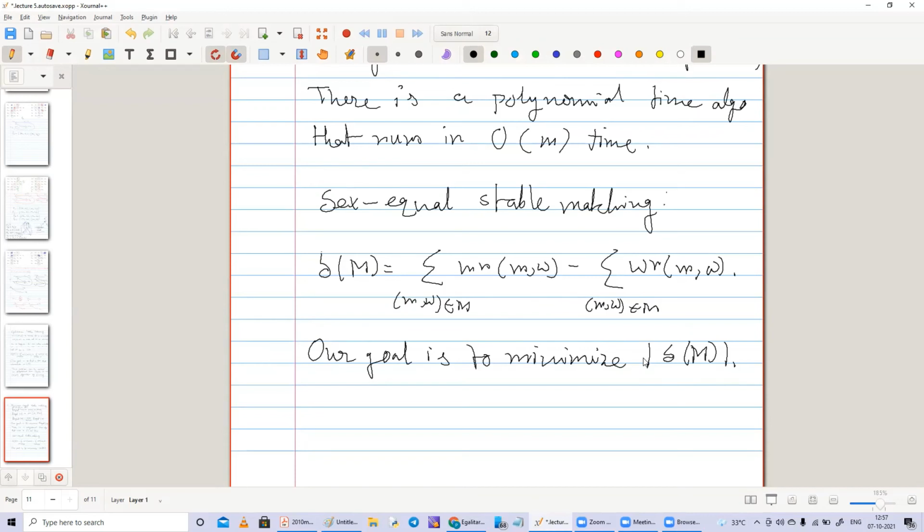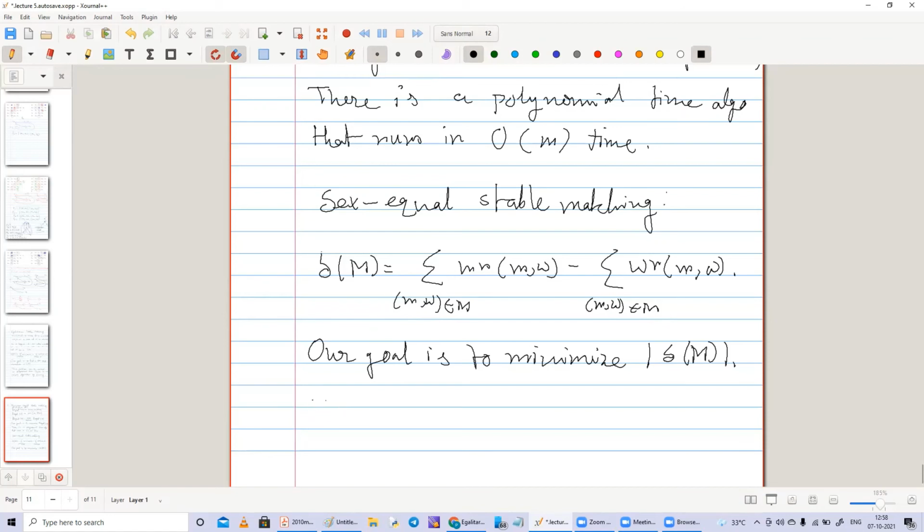In the minimum regret stable matching, you want to minimize the maximum value of MR or WR, and here you want to take the sum of all the MR and the sum of all the WR, subtract the sum of WR from the sum of MR, and minimize that. So this is a kind of global version of the minimum regret stable matching.